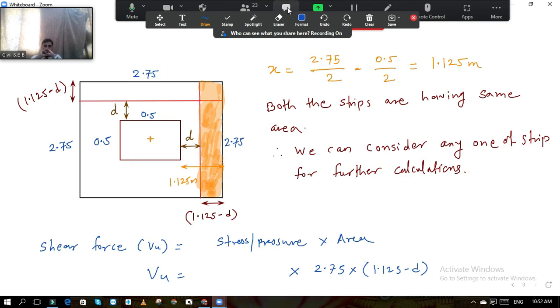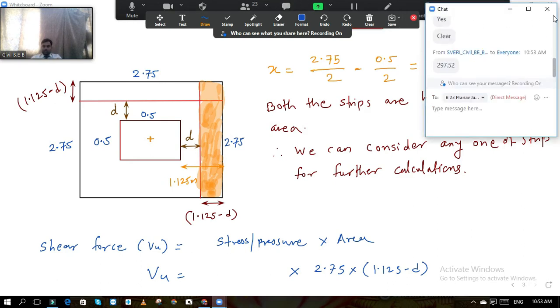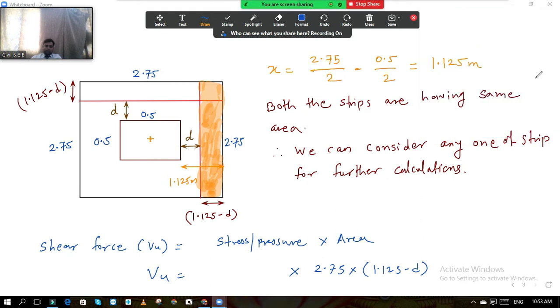What was our soil pressure? 297.52. Okay, so here the stress is 297.52.